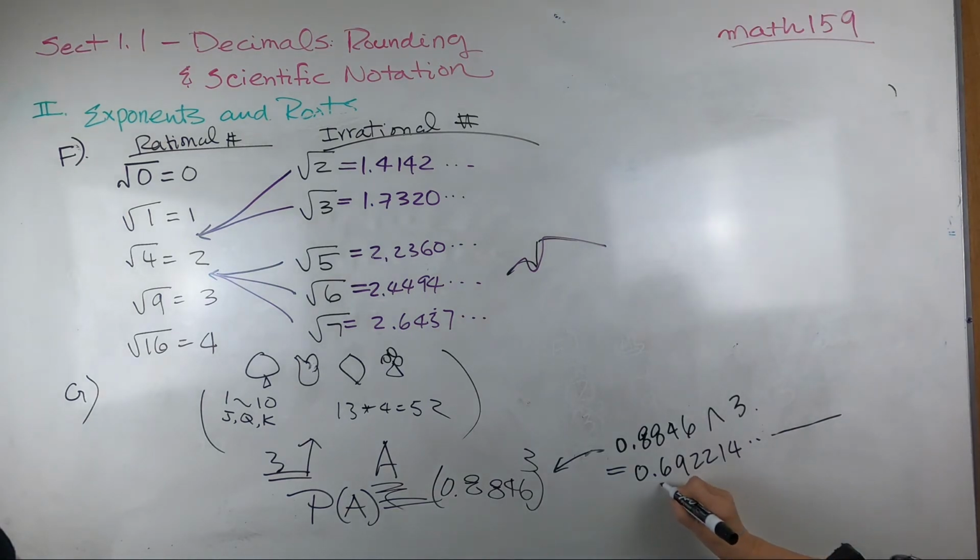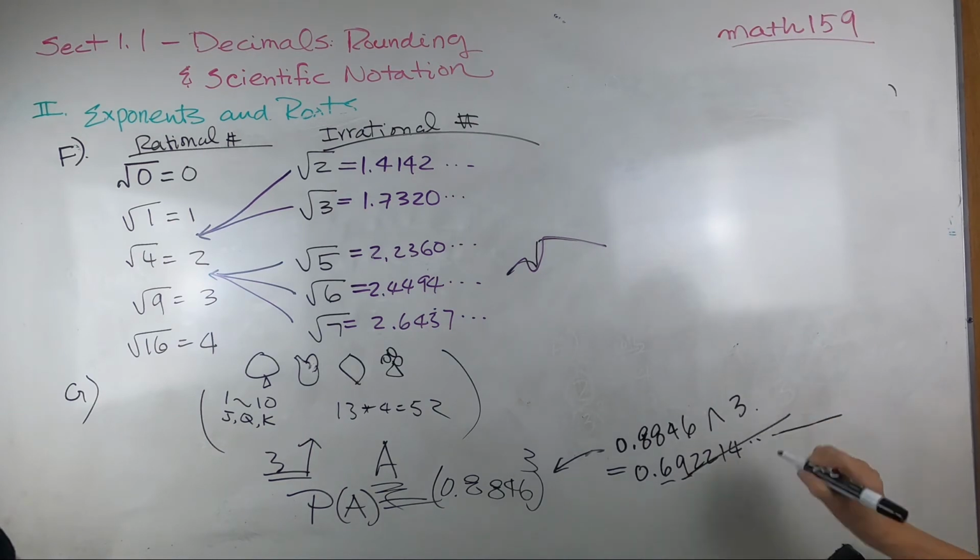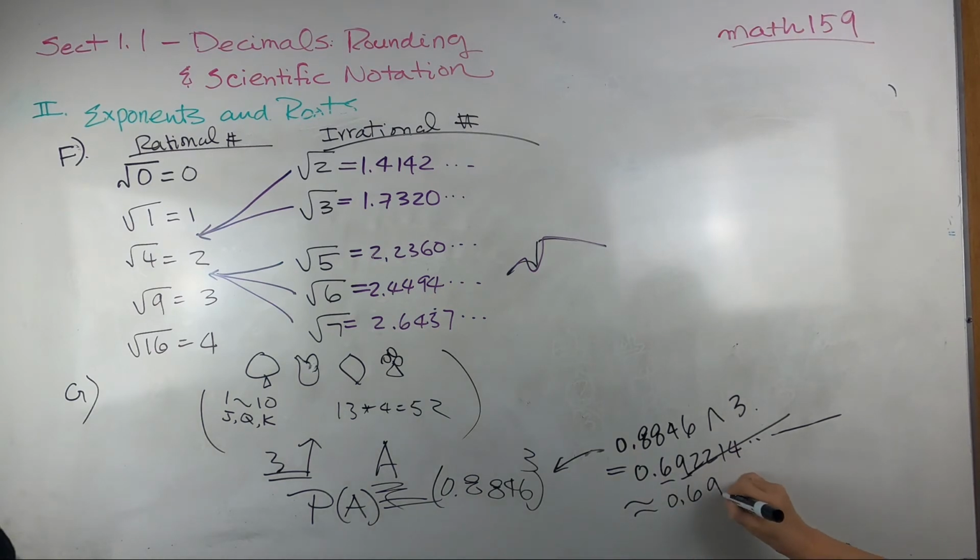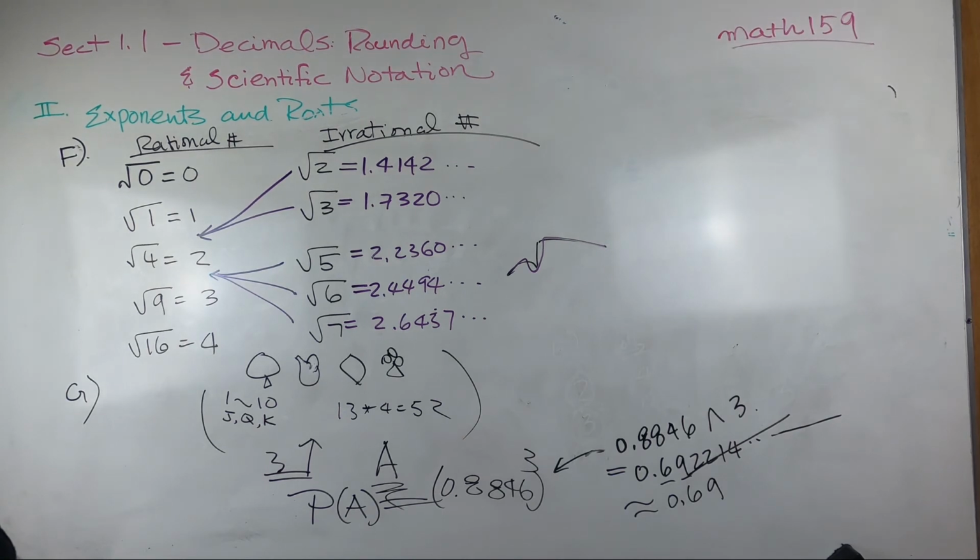So you want up to 2. The remaining, you either drop or you round up. So what's the answer? You should give us the answer 0.69, okay? So you are learning about rounding. Got it?